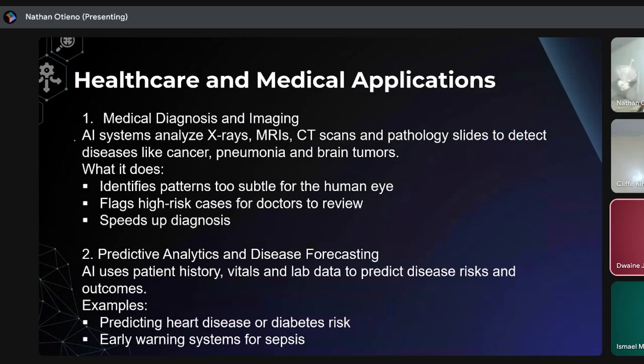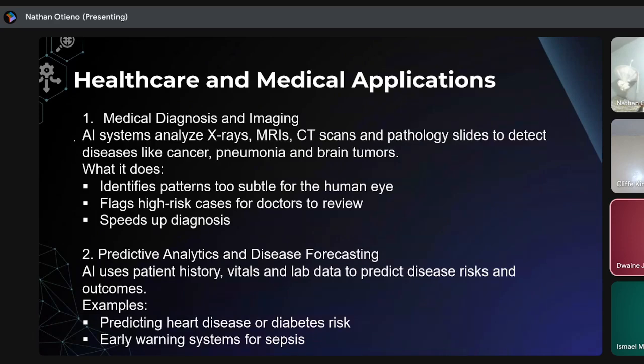AI systems will be used to analyze X-rays, MRI, and CT scans in the lab. What it does, it identifies patterns too subtle for the human eye and flags high-risk cases for doctors to review. So this speeds up diagnosis. Number two, predictive analytics.